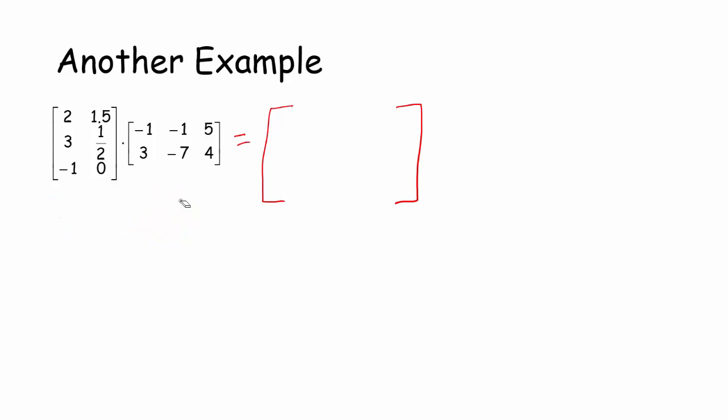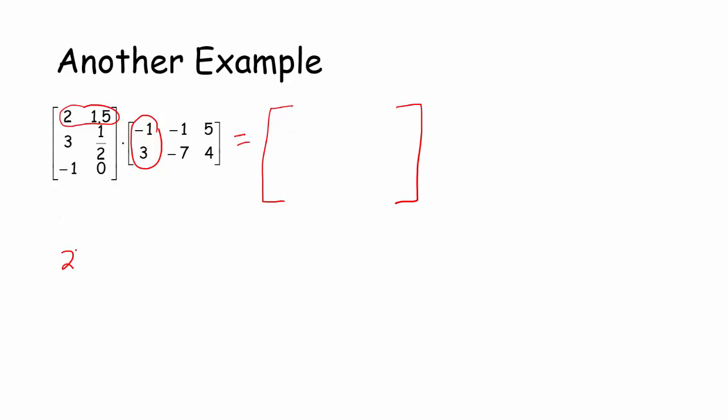And we're going to proceed in a similar fashion. We're going to match up rows from the first matrix. I'm going to take this first row here and match that up with columns in the second matrix. So if I take the first row and the first column, that result, once I do that multiplication, is going to go right up here in the first row and the first column.